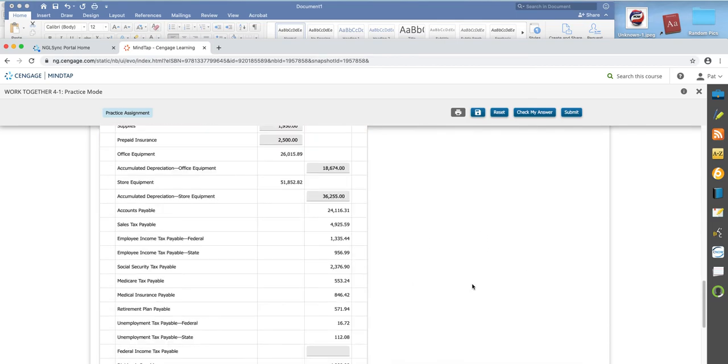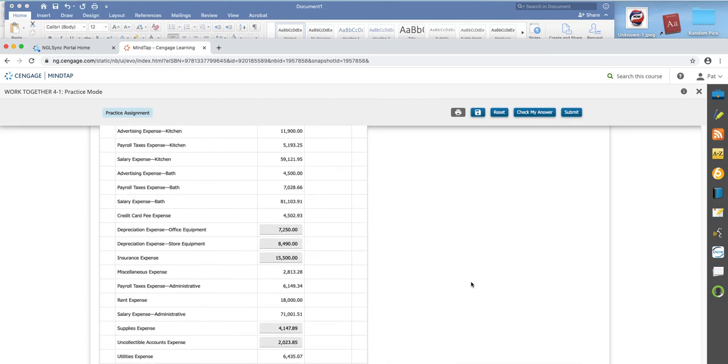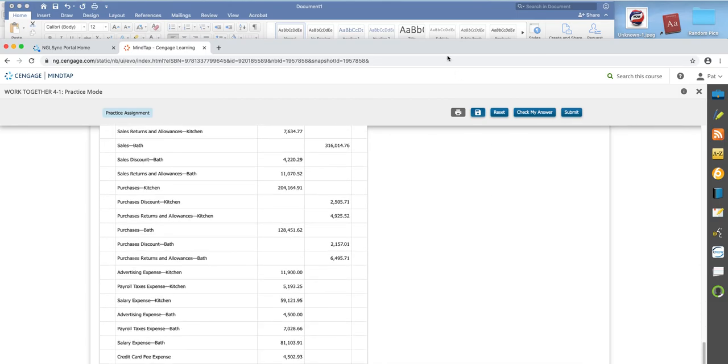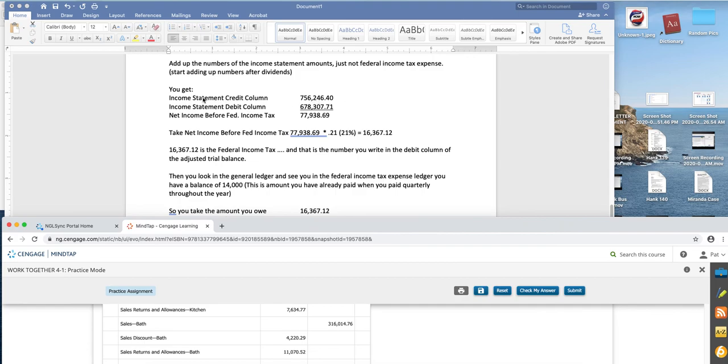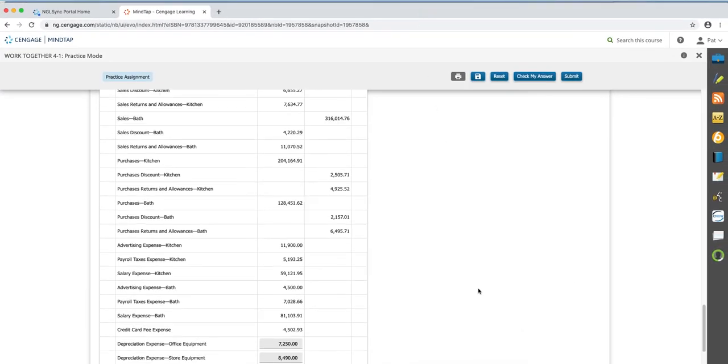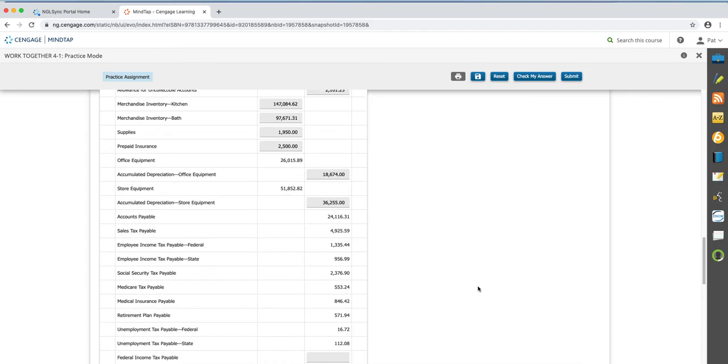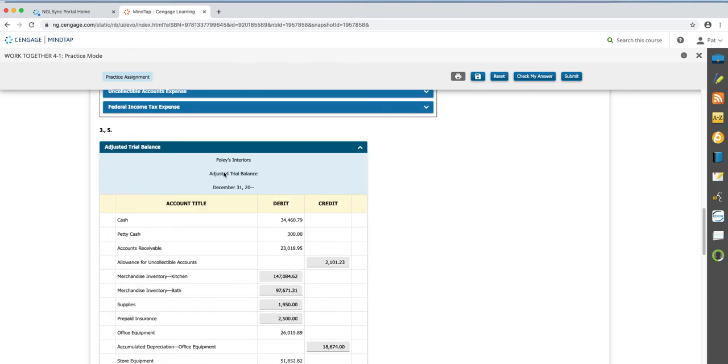Okay. And then hopefully you have written these numbers down. Remember when we added up the income statement credit column and the income statement debit column? Hopefully you wrote those numbers down. Because when you do the adjustment, you post those. We need to put these into our adjusted trial balance.